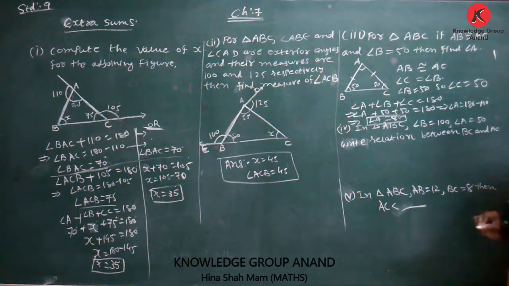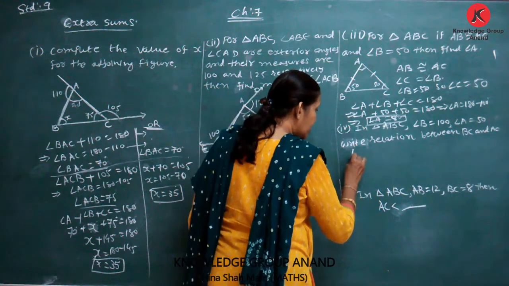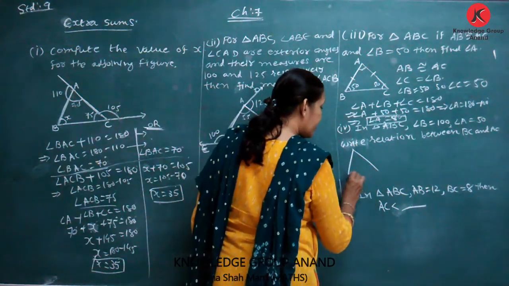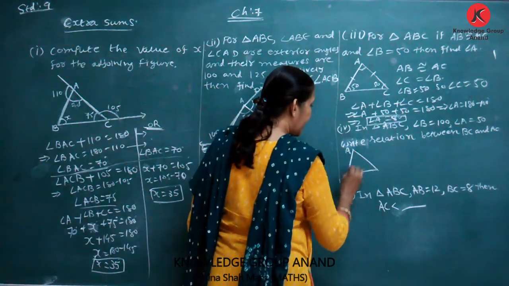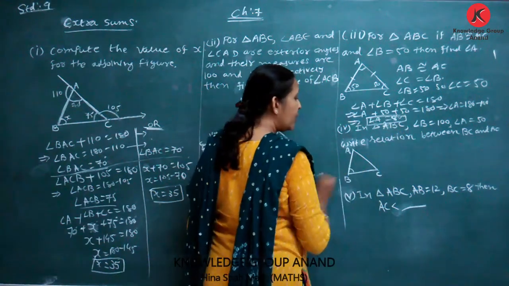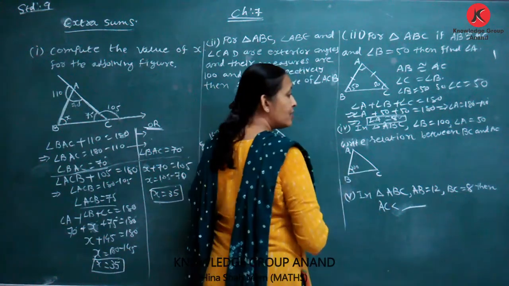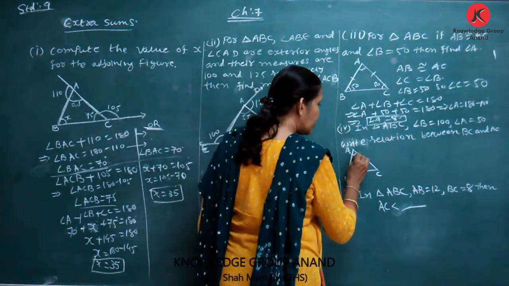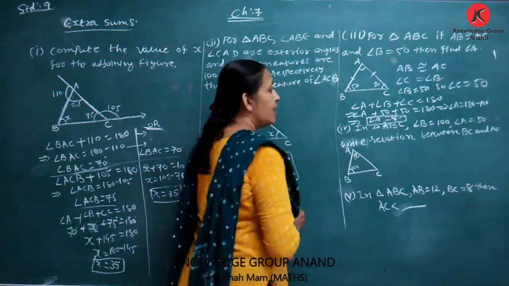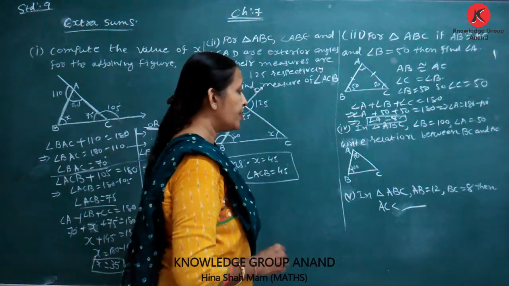In triangle ABC, angle B is equal to 100. You can draw a rough figure, otherwise you calculate orally. A, B, C, here angle B is equal to 100 and angle A is equal to 50. Then write the relation between BC and AC.